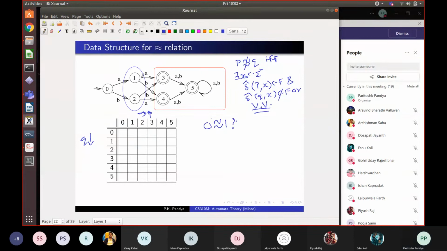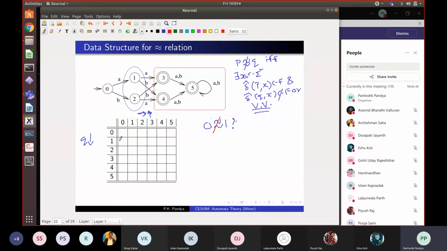If you start from 1 on an a, you will accept, but if you start from 0 on a, you will not accept. So these two are distinguishable.